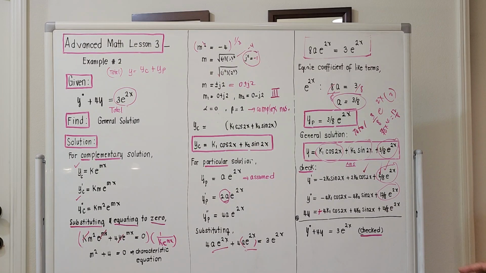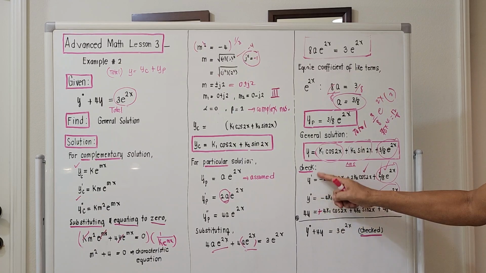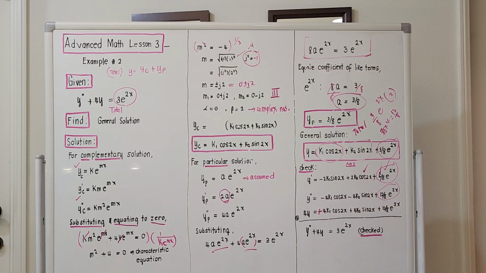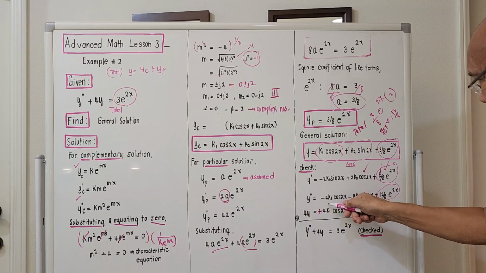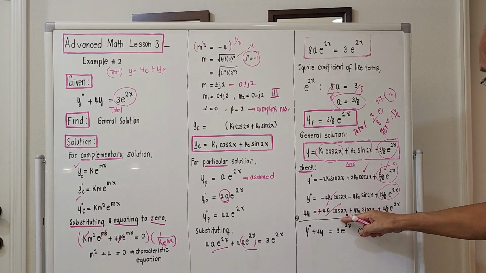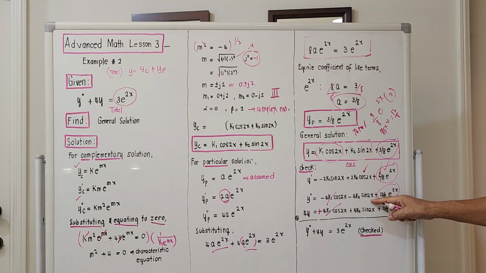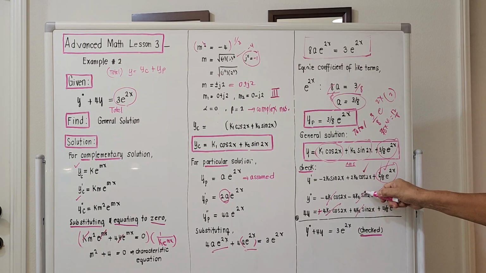Then try to add y double prime plus 4y. Y double prime plus 4y will be equal to the right hand side. This one cancels with this because this is minus, this is plus. Similar terms, right? This is minus, this is plus. They are similar terms, so this will cancel out.